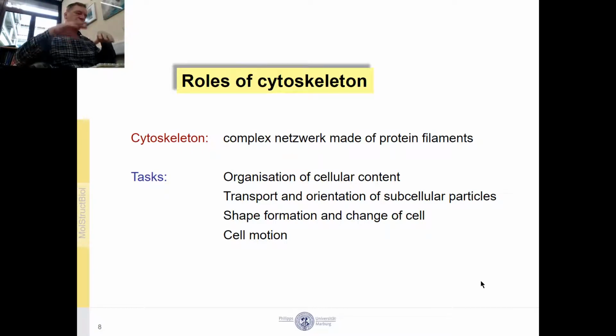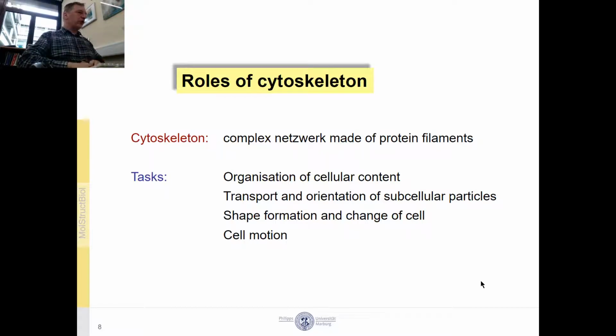For example, the ribosomes, where the mitochondria are, the nucleus, whether it's more toward the membrane or dividing or whatsoever. They transport subcellular particles, which is very interesting. Think about an axon of your neuron transporting some secretory vesicle along these very long distances you sometimes have, from centimeters to almost a meter.